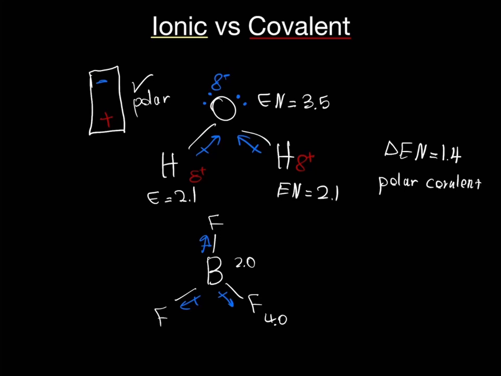Not exactly, because these 3 bonds are surrounding the boron. Actually, that was wrong, sorry. The negative ends are surrounding the positive end. So it would look more like this and not like that. So it would be a nonpolar molecule even though it has polar bonds.